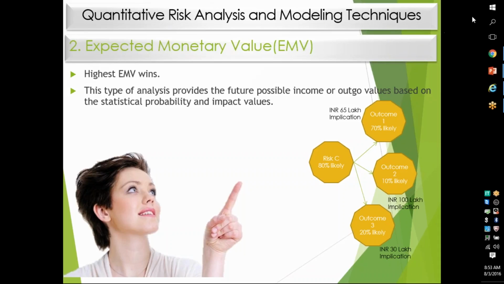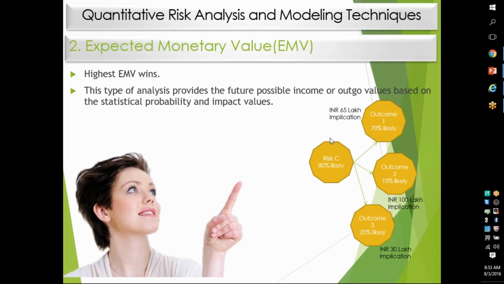Right. Now, for risk C, we have three outcomes. These three outcomes that we have over here are the outcomes for risk C.